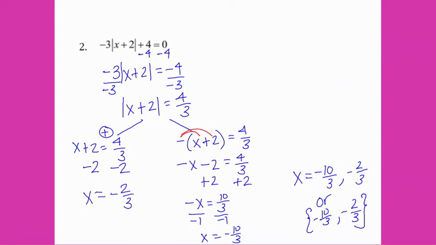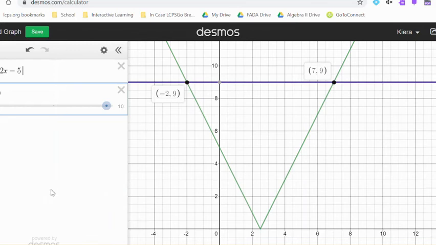Let's confirm that these are our correct answers. When checking our answers in Desmos, we always want to make sure that we're using the typed problem that we started with, not any version after that in case we made a mistake.